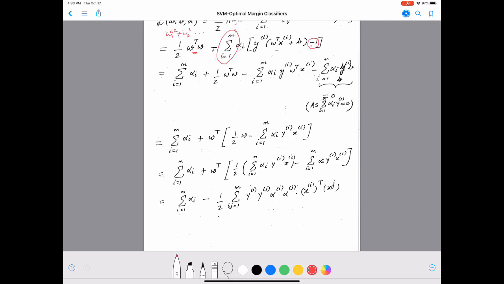So then we get this term. Okay, and we already have the second term, which is coming from the first term in the previous line, right? So we have these two sorted now.